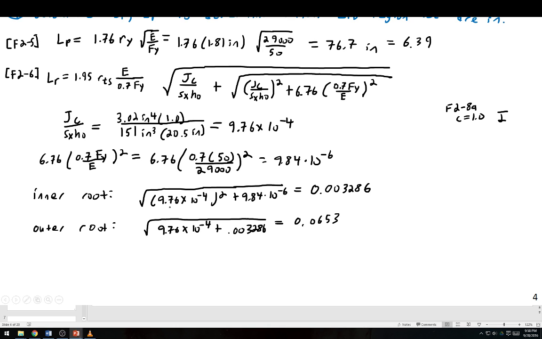And then finally I can calculate the overall. This has now all been reduced to a single decimal, so the rest is not too bad.